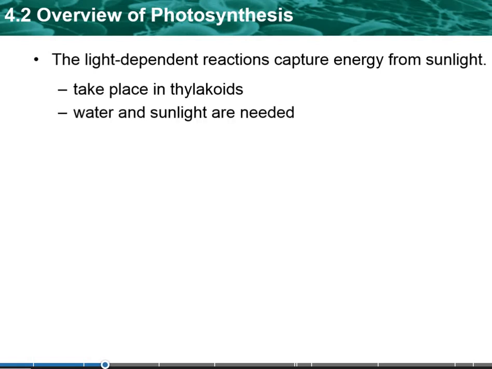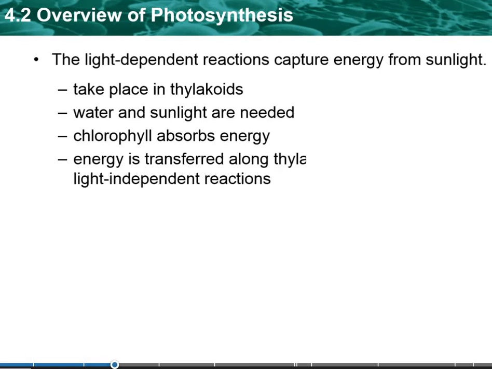At that point in time, water and sunlight are needed in that first stage of photosynthesis. The chlorophyll is going to absorb the energy, and once it has absorbed that energy, the energy is going to be transferred along the thylakoid membrane, then to the light independent reaction.